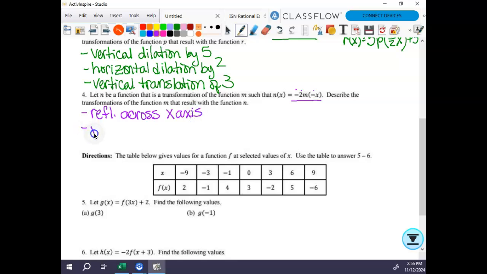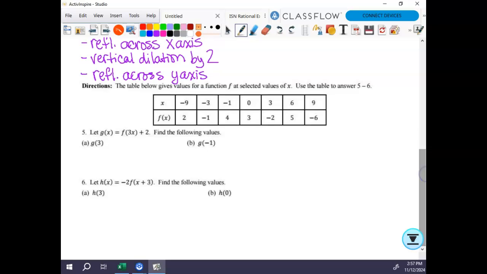That 2 is going to be a vertical dilation by 2, because y does not lie. And then that second negative is going to be a reflection across the y-axis. Okay.